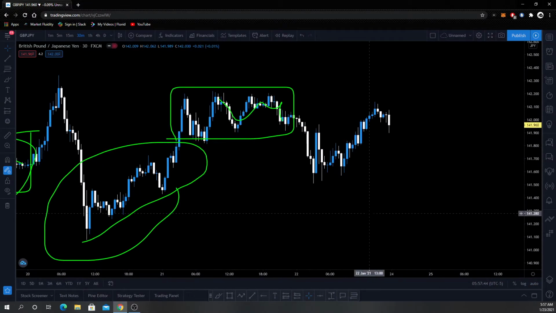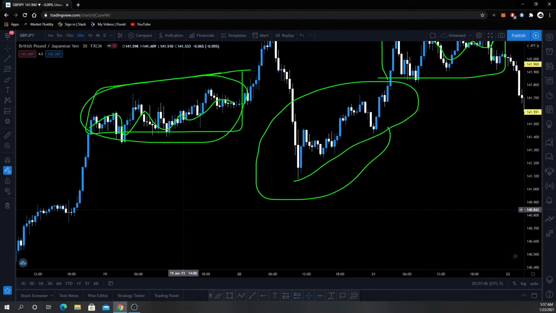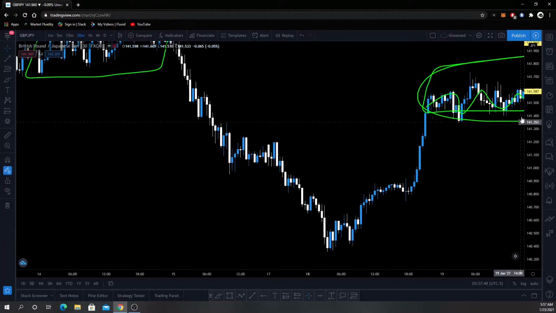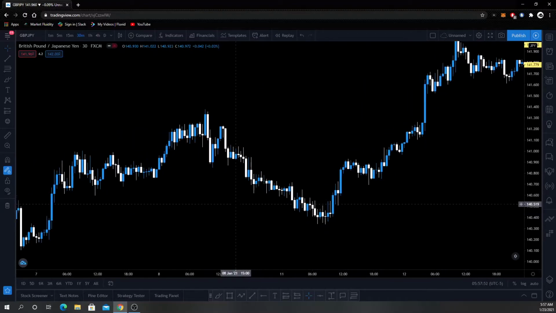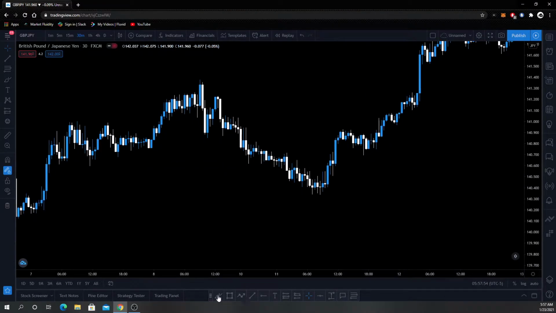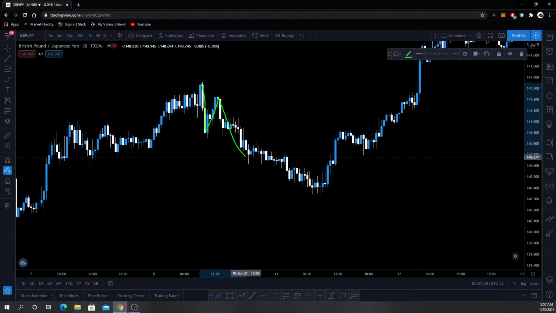Let's look for something clean and clear, so that the explanation can be very simple. Okay, there. A downtrend would look something like this. Price dropped from here and kept doing this.